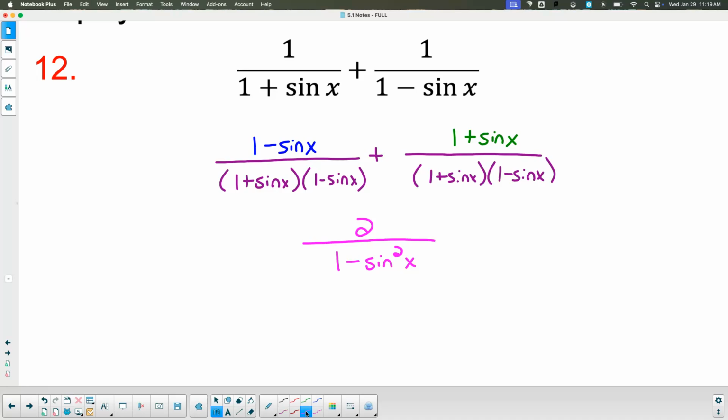And what's 1 minus sine squared? Cosine squared. I think it's number 7 on your formula sheet, right? Do I like 2 over cosine squared? How would I make it be 2 secant squared?